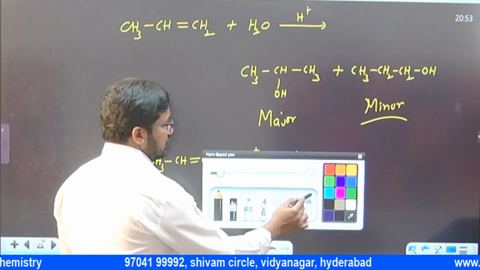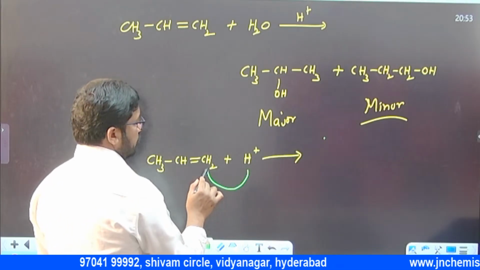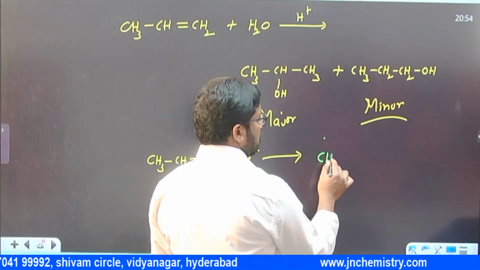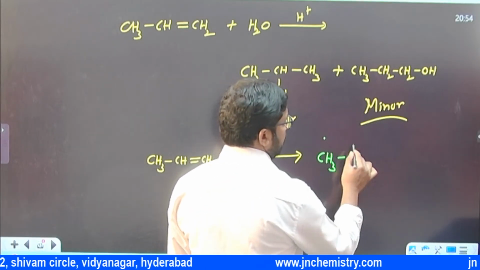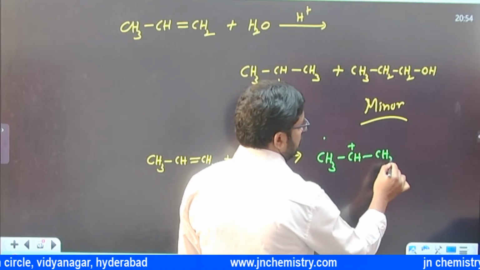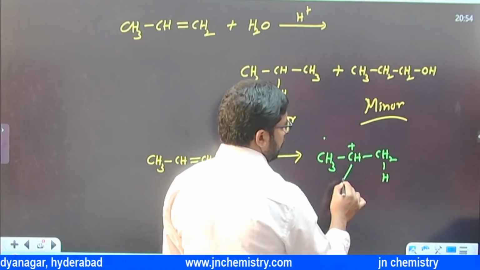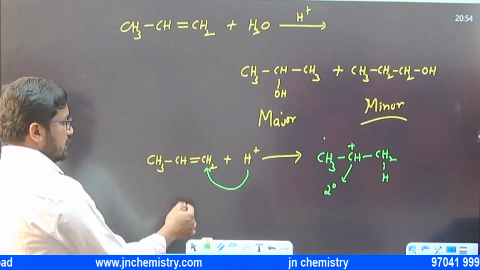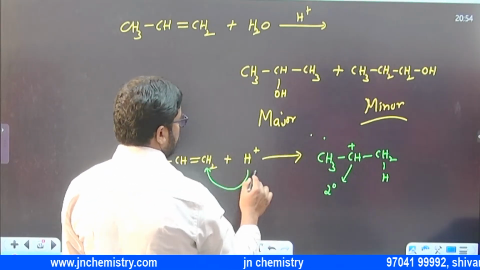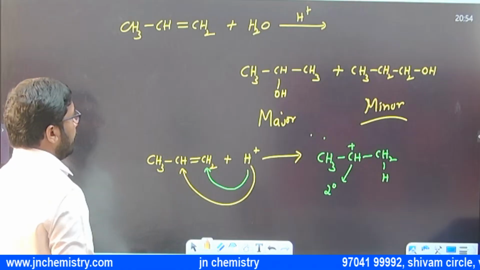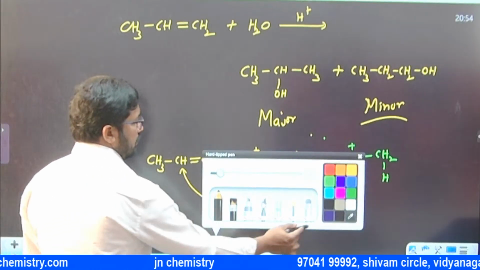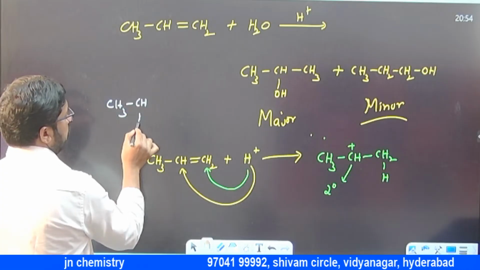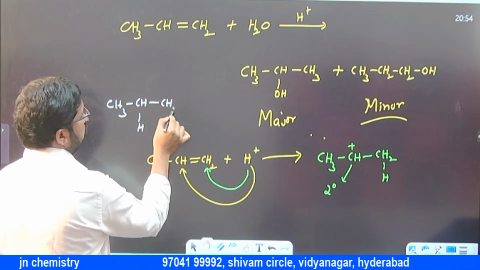So first H plus is coming and attacking this particular position. What exactly happens? CH3, CH2H. This is 2-degree carbocation. Yes or no? If it attacks this position, we'll get CH3, CH2, CH2 positive charge.